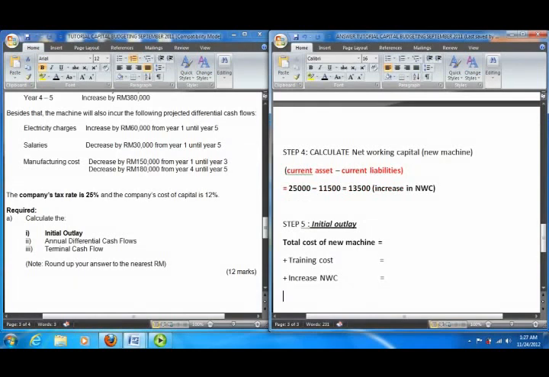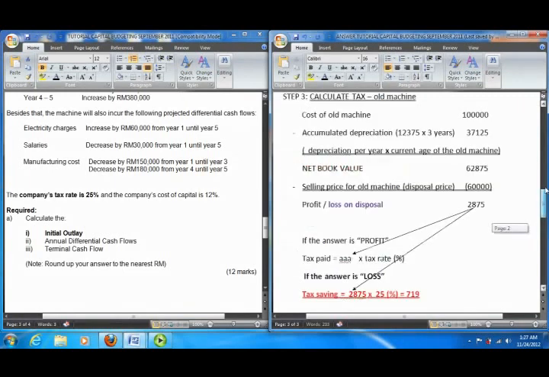Alright, class. First step is like this. Initial outlay, step 5. Total cost of your new machine, you must plus your training cost, and plus your increase in NWC. As you can see, class, where can you get the total cost of the new machine? From your step 1. Your training cost is also in step 1.